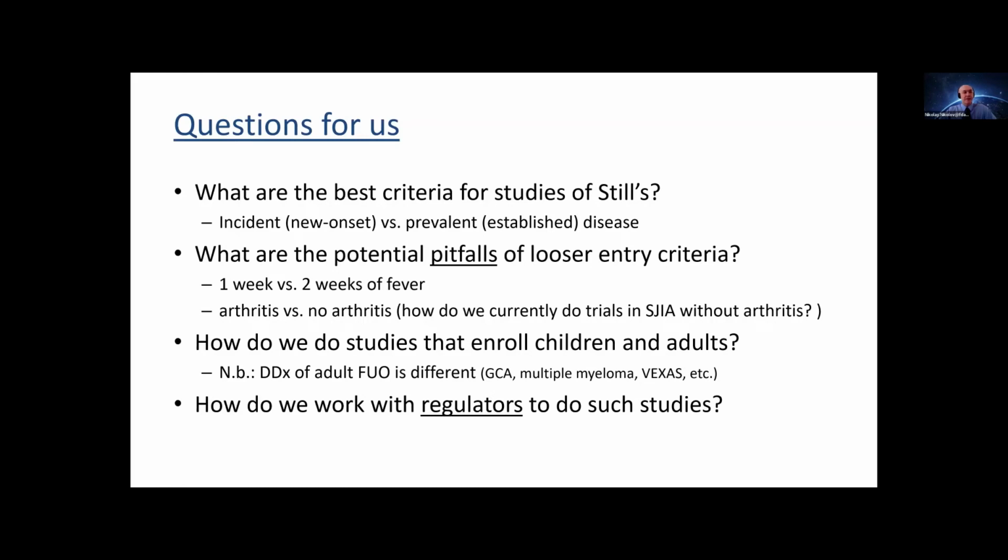In other words, I'm not sure that FDA has required or would require that arthritis is included in the classification or the enrollment criteria, but that might be one way to enrich for patients where you can assess really the benefits in a smaller sample or smaller trial for a specific drug.